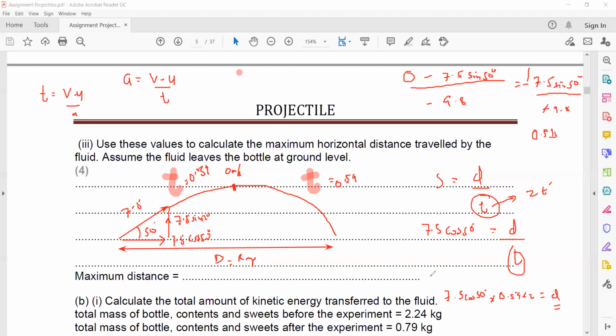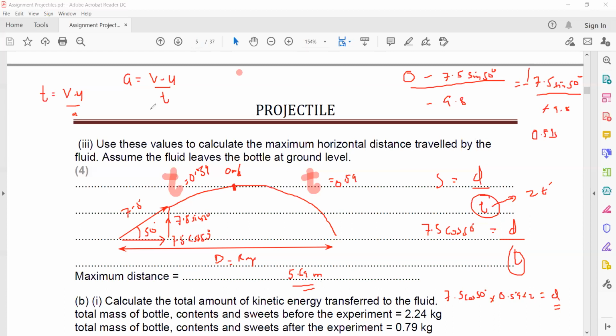What is the maximum distance traveled by this projectile? It is 5.69 meters. So 5.69 meters is the maximum distance traveled by this projectile.